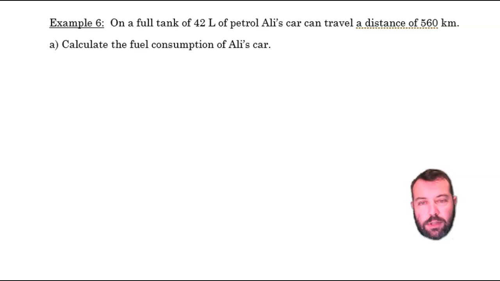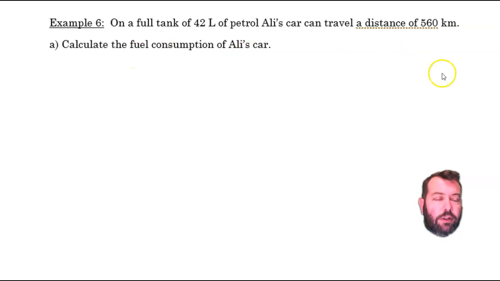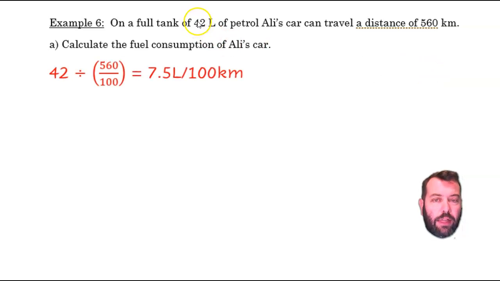Here's an example, we'll see how it goes. Ali's used 42 litres of fuel to travel 560 kilometres. So remember, to calculate the fuel consumption here, there are two steps to go through. First, divide the 560 by 100, and then divide 42 by that number. So it's 42 divided by 560 over 100.